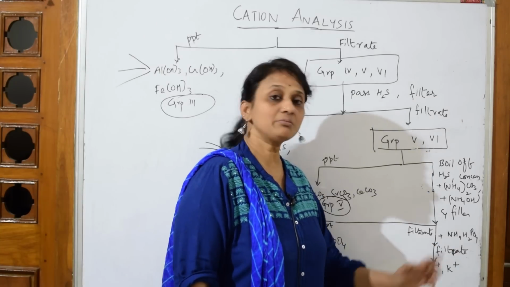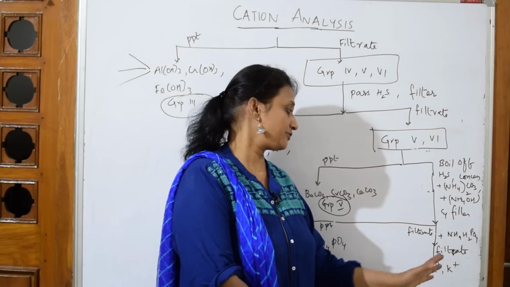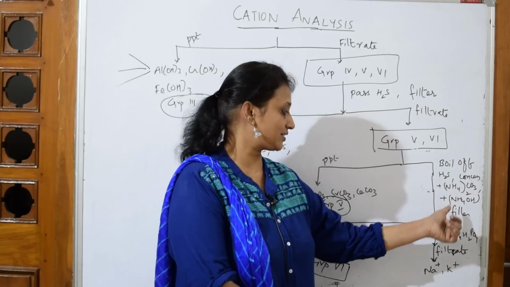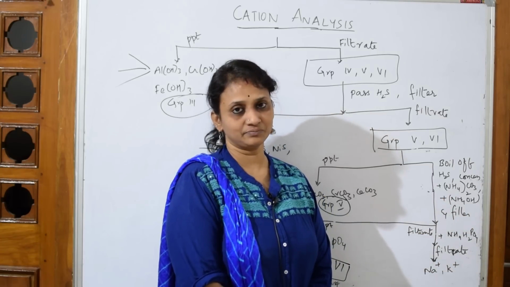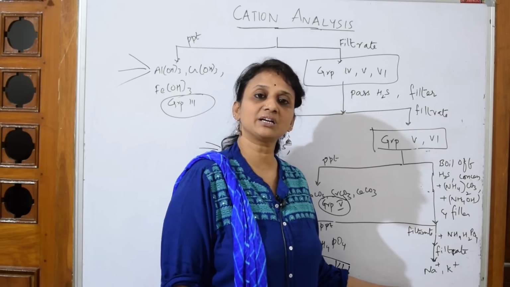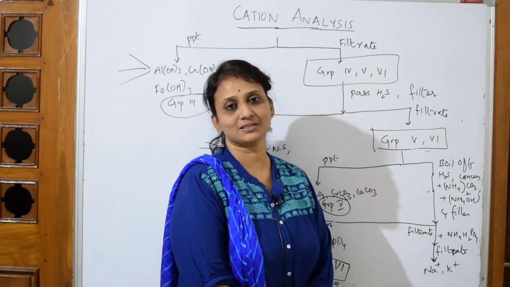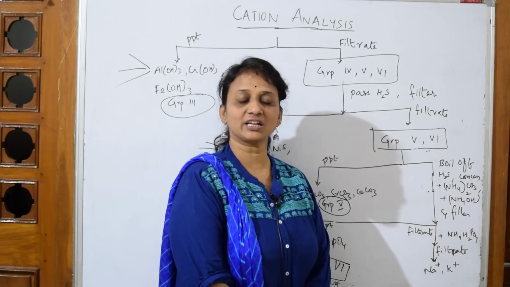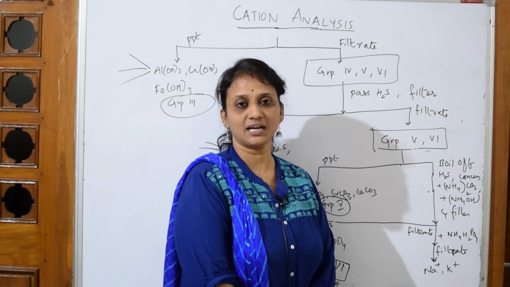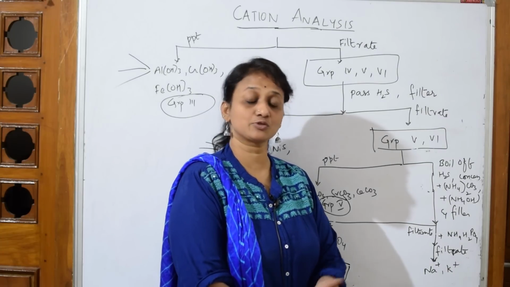If I add ammonium hydrogen phosphate to this filtrate and get a precipitate, that means sodium or potassium cations are present. Group 1 cations, alkali metals: lithium, sodium.